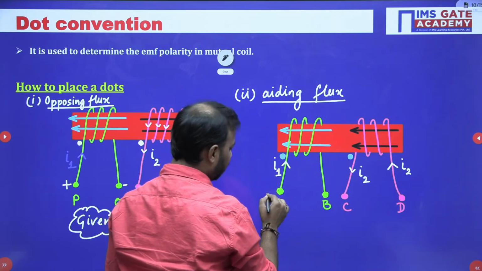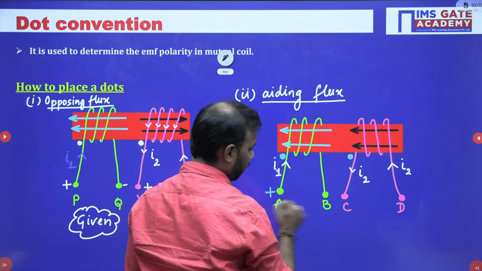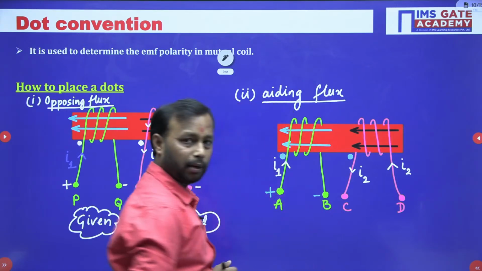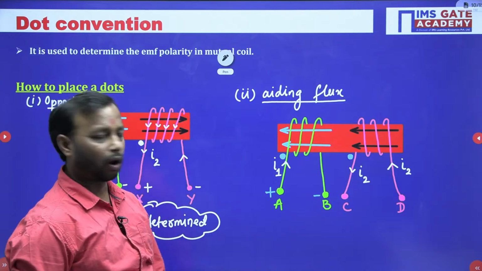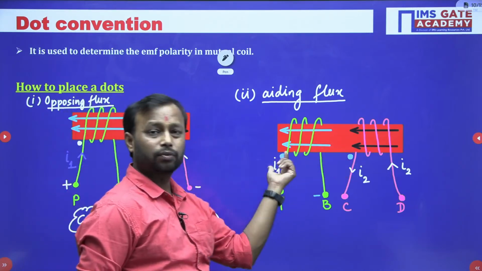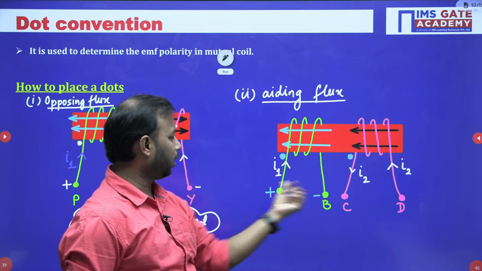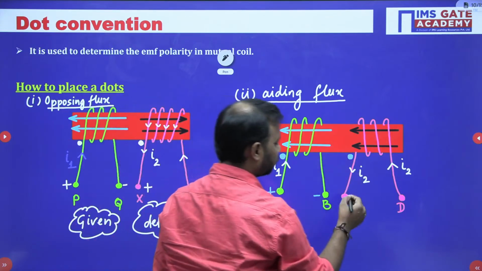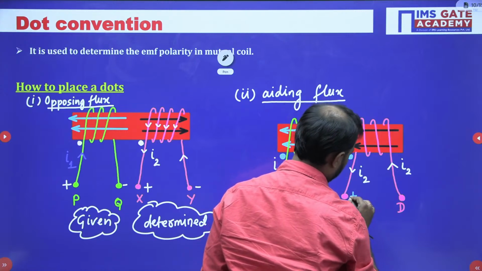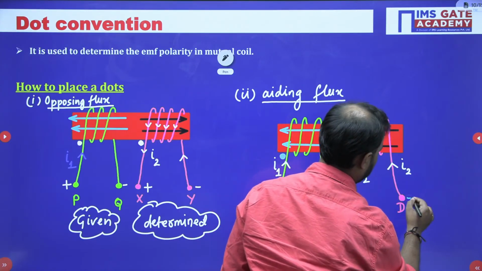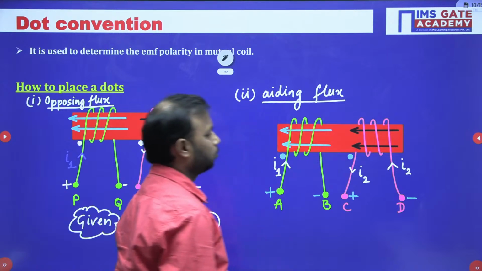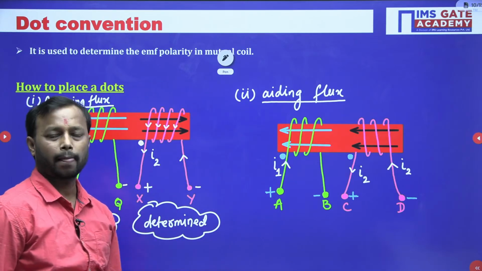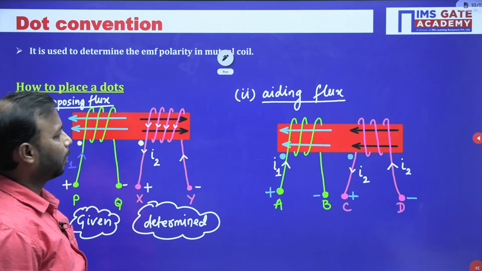So it means that A is positive, then automatically B will be negative. So according to the dot convention, the dots are going to have the same polarity. So dot को हमने positive लिखा है, so in the second coil, dot is going to have positive sign. Clear है? Any doubt in this?